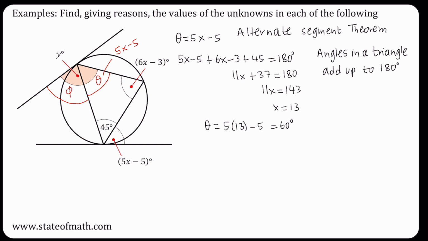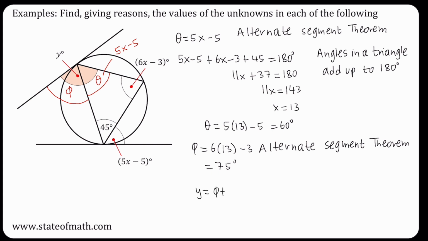Phi together with 6x minus 3, the two are equal because of the alternate segment theorem. So I can simply say that phi is going to be 6 times 13 minus 3. This works out to be 75 degrees, and the reason is the alternate segment theorem. Therefore we can see that y is phi plus theta, which is 75 plus 60, and this works out to be 135 degrees.